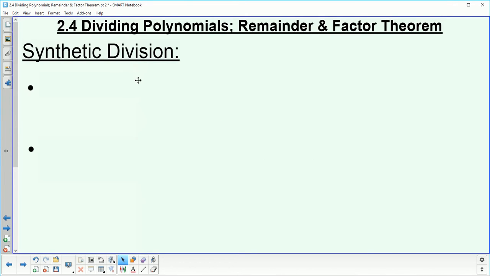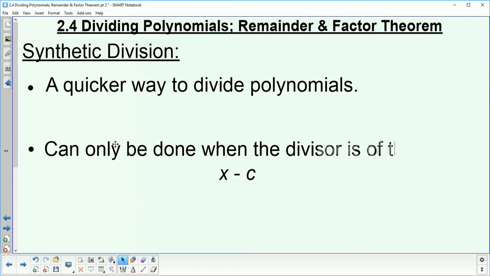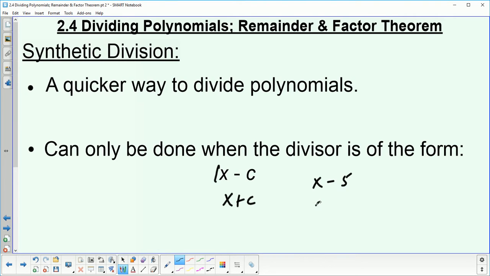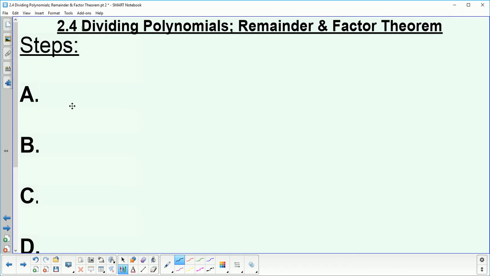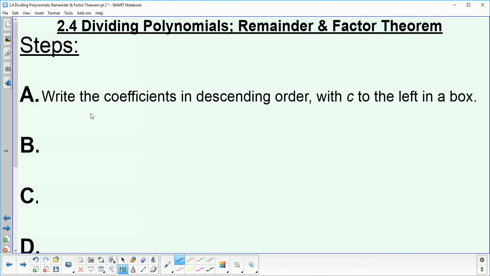Okay, synthetic division is a quicker way, like I said, to divide polynomials. We can only do it when, A, it's a linear form, and B, there is a 1 in front of x, so it's like x minus c, or x plus c, some number like x minus 5 or x plus 2. The steps: write the coefficients in descending order of degree.